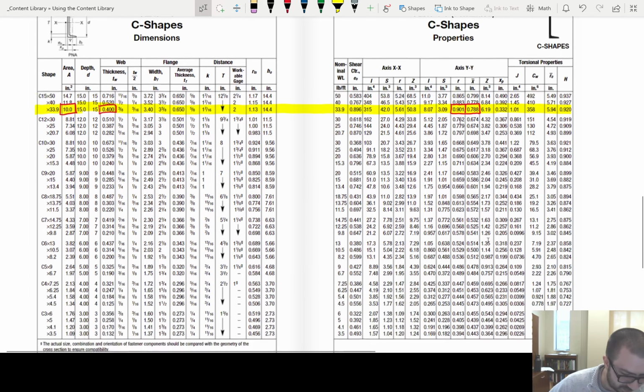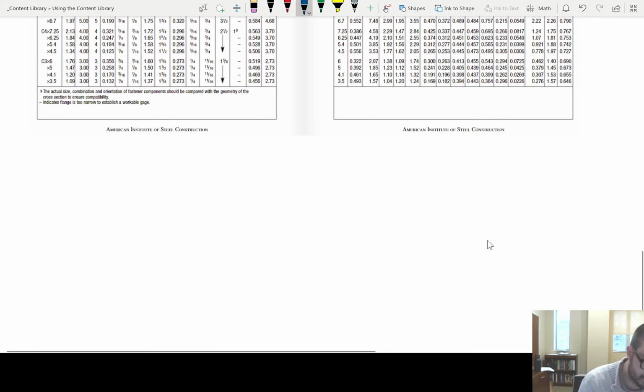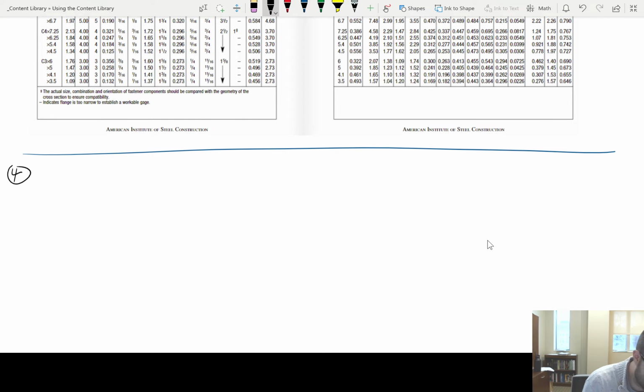So, okay, let's now do our analysis. So let's go ahead and write the properties for this trial shape.